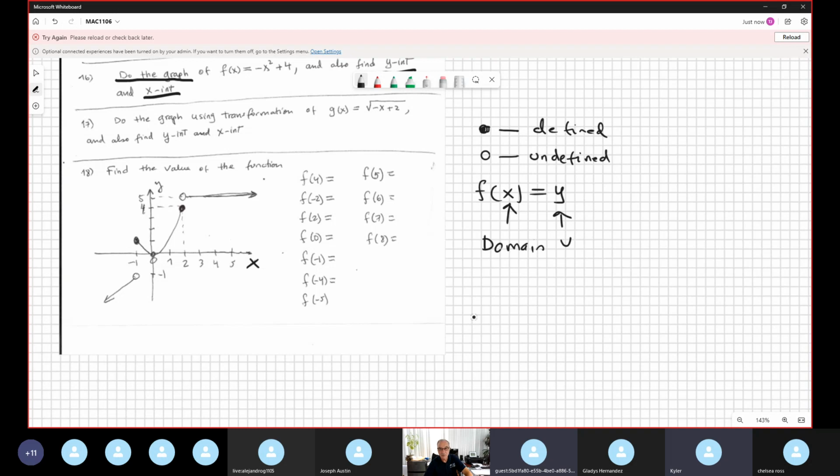And you need to know if you go upward or downward, depending on the graph. For example, 4 here, this 4. I go touch here, and the value is 5. You see?